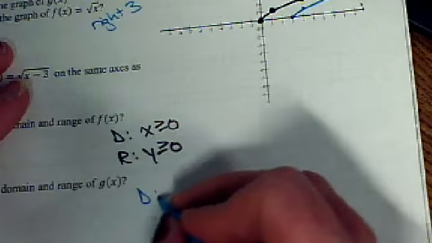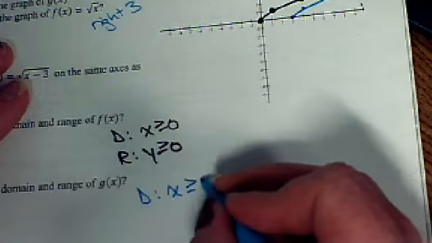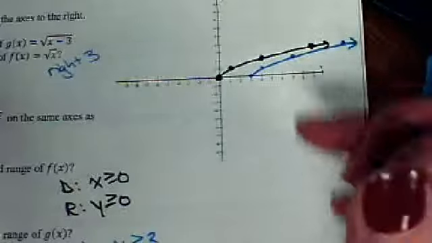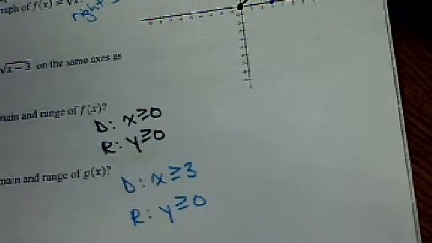So my domain, the x values have moved. They've shifted. They're now starting at 3. Now my y values, I didn't move up and down, so the range, the y values, are still starting at 0. But what happens when I combine a few of these?